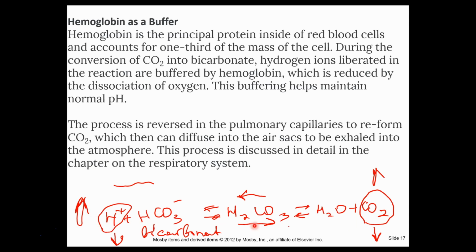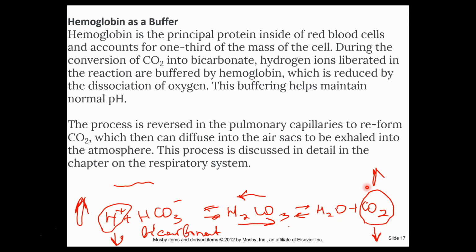If the equation shifts to the right, you are binding more and more of these hydrogen ions into the carbonic acid, with the production of water and carbon dioxide that you are exhaling, and so you will become more alkaline. That's why hyperventilation makes us more alkaline. When we're holding the breath, we become more acidic.